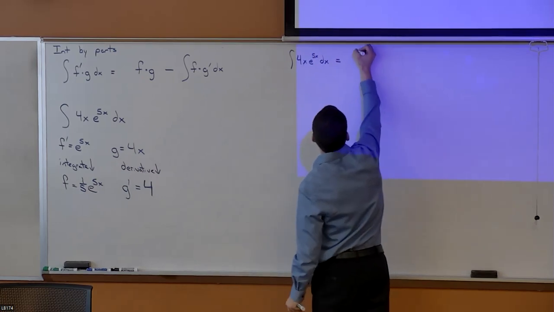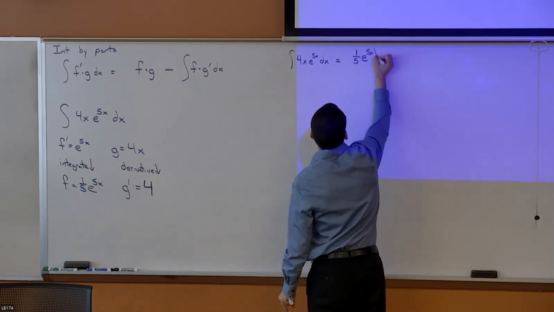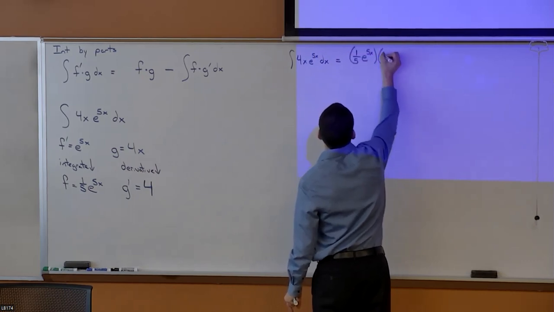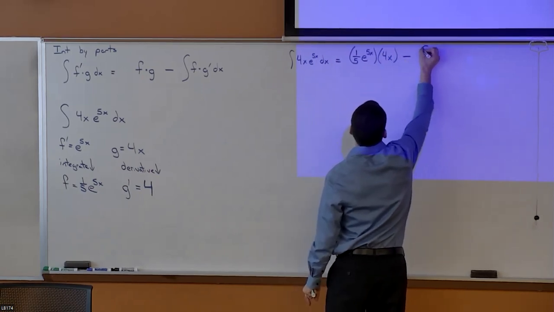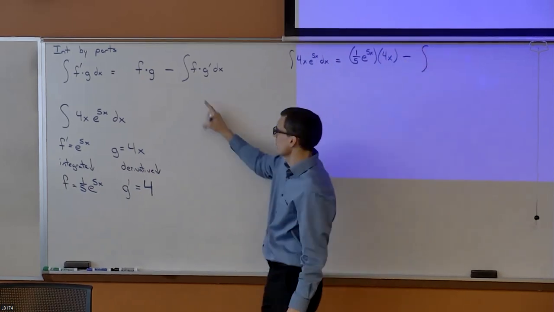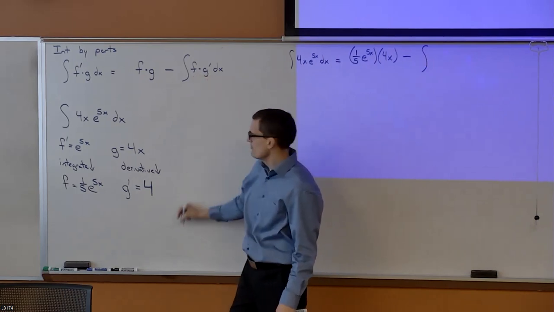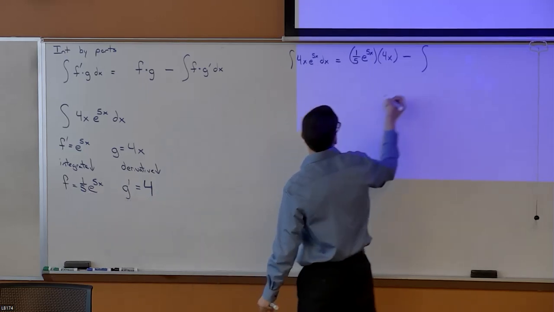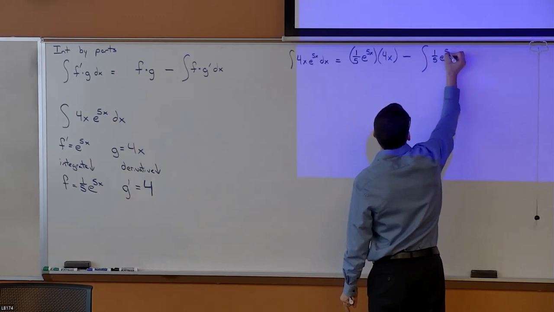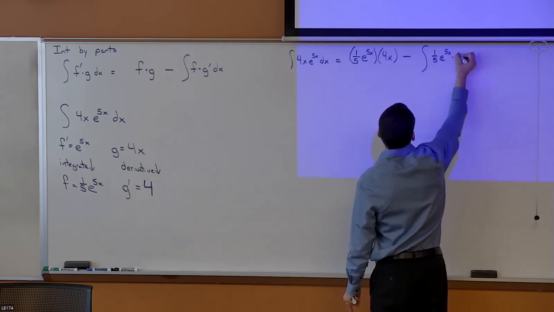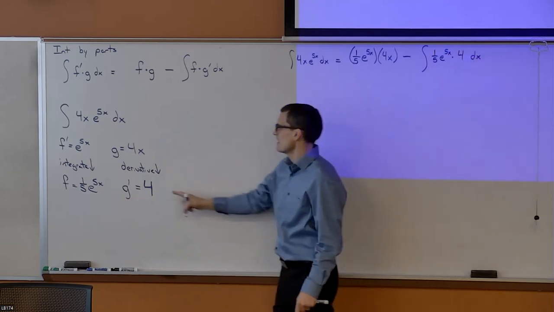So f is 1/5 e to the 5x times g, which is 4x, minus the integral of f times g prime. My f is 1/5 e to the 5x. And then my g prime is 4.